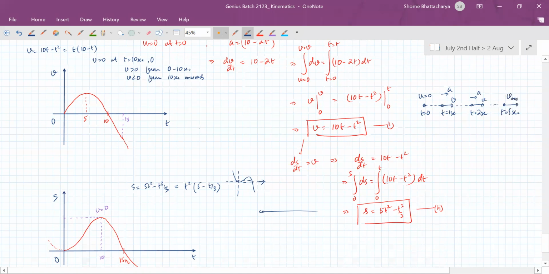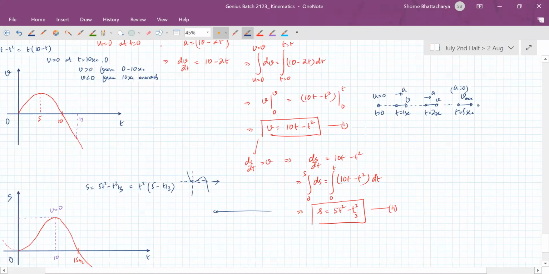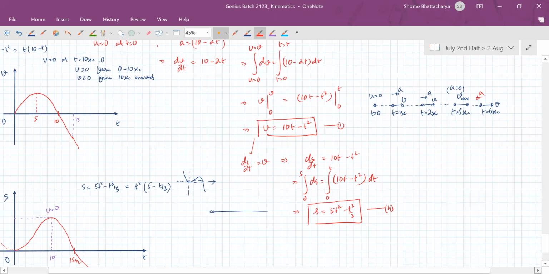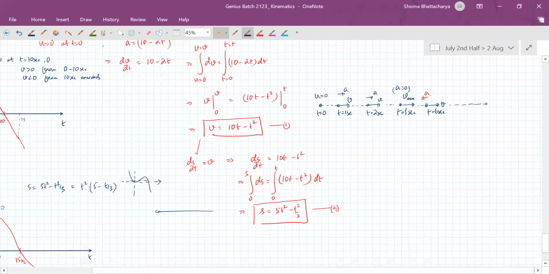So this positive velocity has reached its maximum because the acceleration has become 0. Because after this, it is continuing in the same direction, but with negative acceleration now, because the slope of the VT graph has become like this now. So that's why by the time it comes to 10 seconds, it's momentarily come to rest.